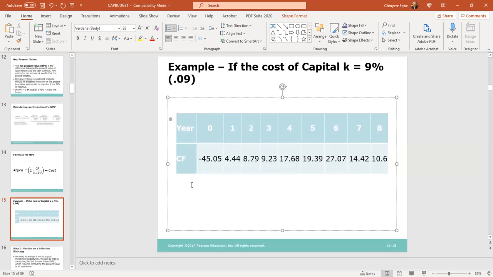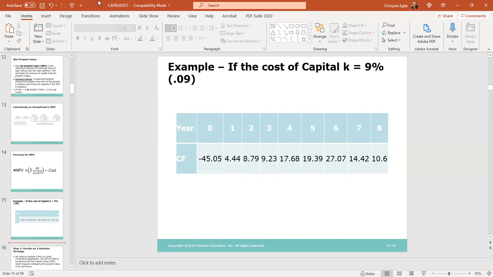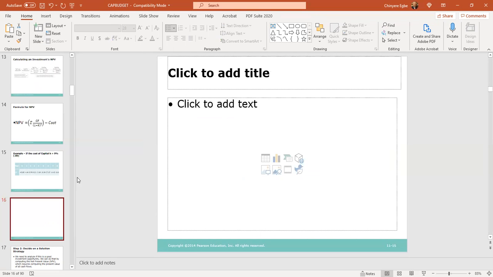The way to go about it is to use the formula we have here. Let us state the formula in such a way that it's easy for us to understand. I'm going to once more take up a little bit of your time.